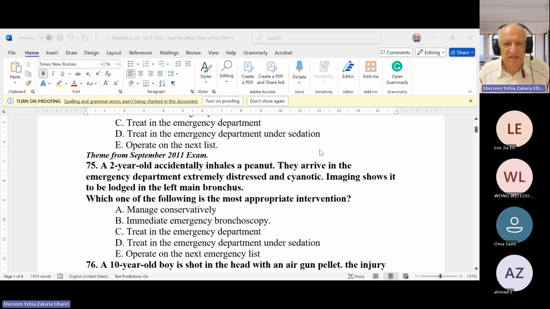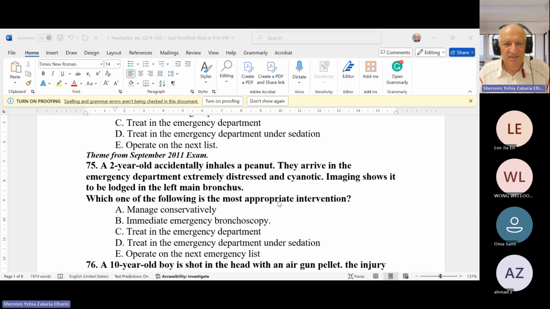After that, we have a 2-year-old who accidentally inhaled a peanut. Inhalation of a peanut is different. They arrive in the emergency department extremely distressed and cyanotic, and imaging shows it is lodged in the left main bronchus. Actually, the common site is the right lower, but this is what is mentioned, the left main bronchus, no problem.